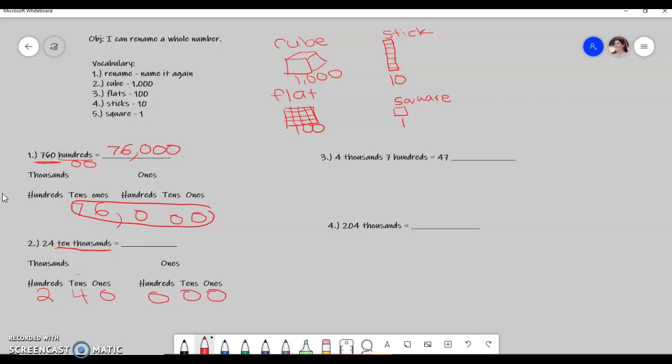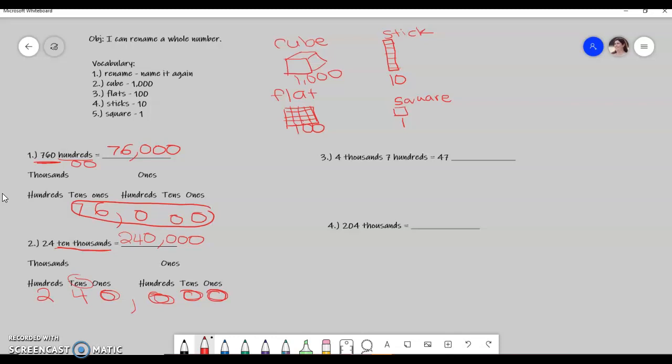So here's the 10,000s place. So we put zeros all past the 10,000s place. So there's 4 zeros there. And then we put our 24 in, and then we put our comma. So our rename for this one is 240,000.